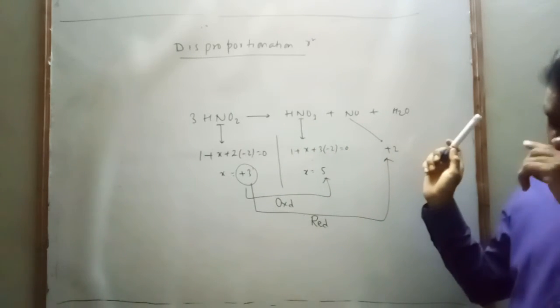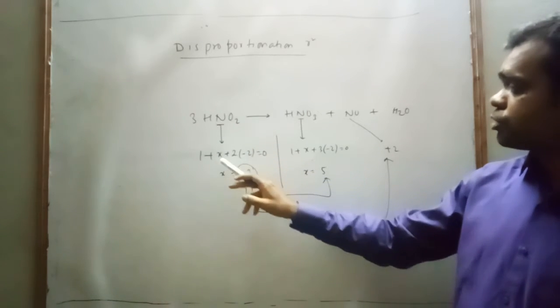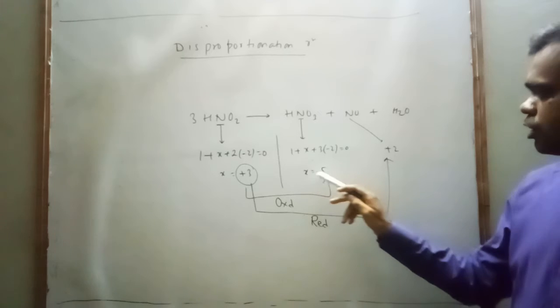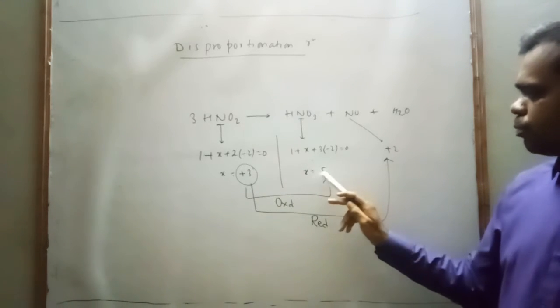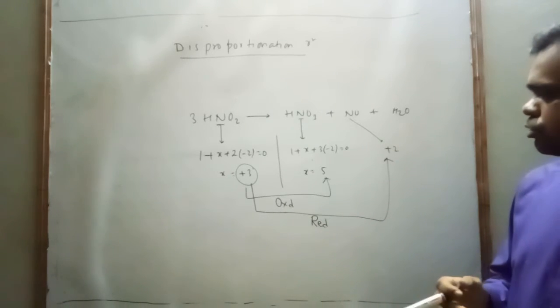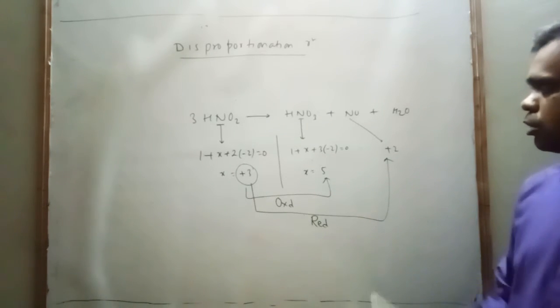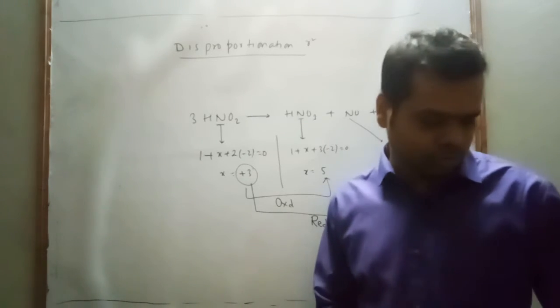The oxidation state of nitrogen becomes +3 here, +5 here, and +2 here. From +3 to +5 it increases, this is oxidation. From +3 to +2 it decreases, this is reduction. So this is an example of a disproportionation reaction.